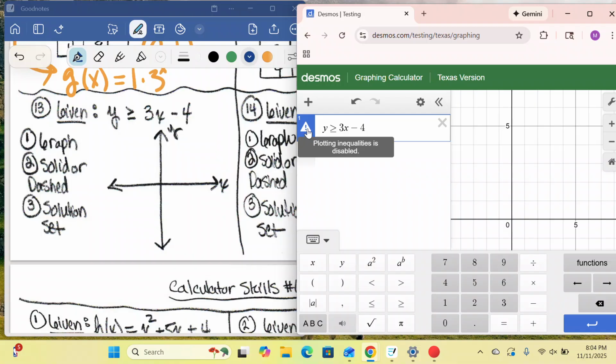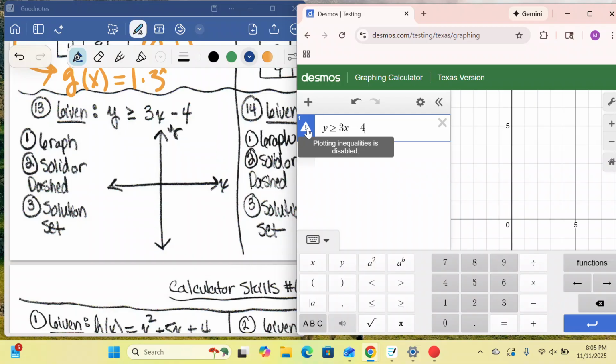Depending on your state test, it might be disabled because the STAAR test is about testing whether students know how to find the line to find out whether it's solid. They just can't give it to you. They just can't give the solution set. The only time it will graph in Texas is if you didn't download the correct calculator on Desmos.